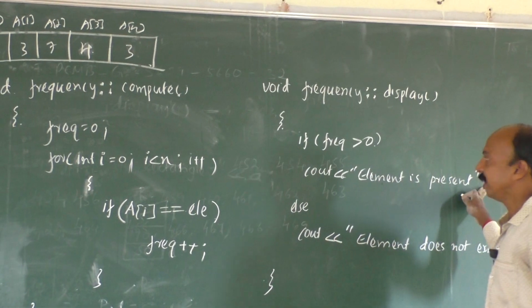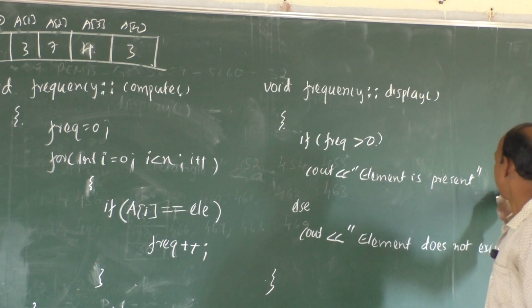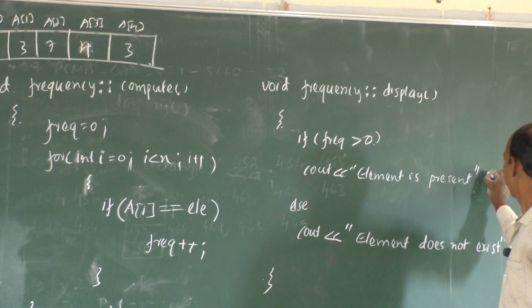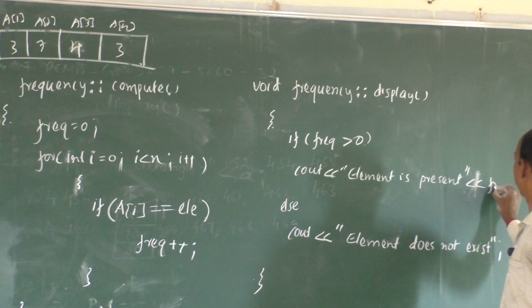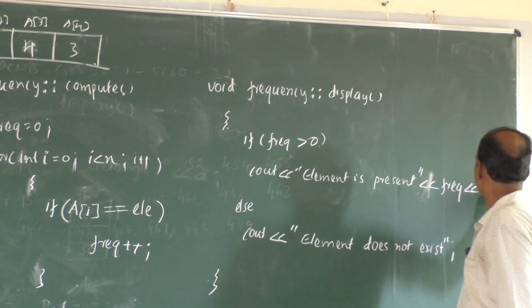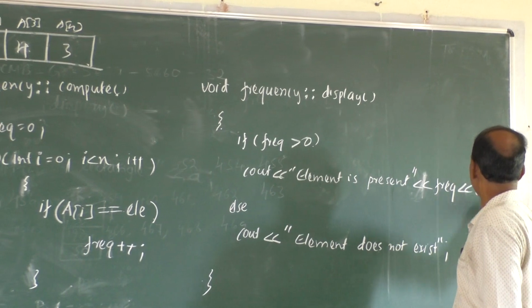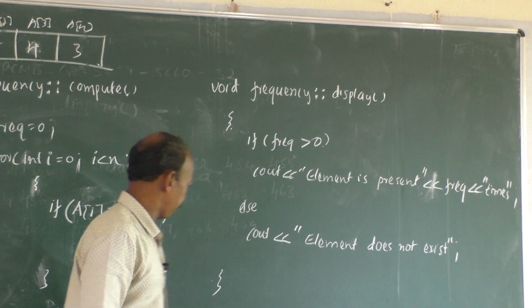If you want, you can write the variable here. Element is present, frequency times, we can write present. If you want that variable, frequency times, and close it.